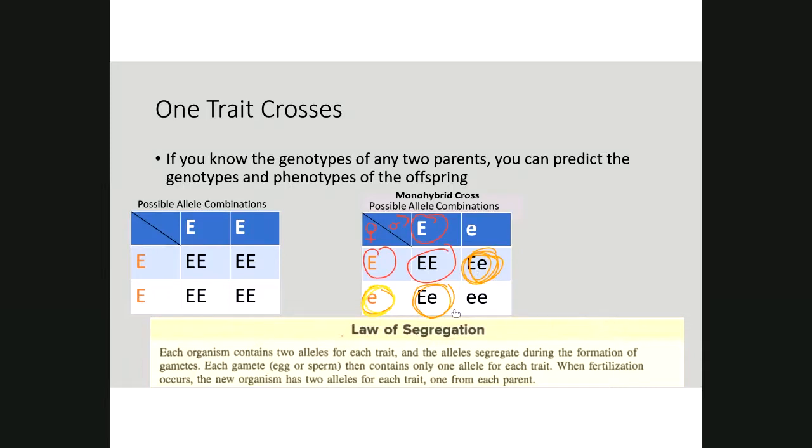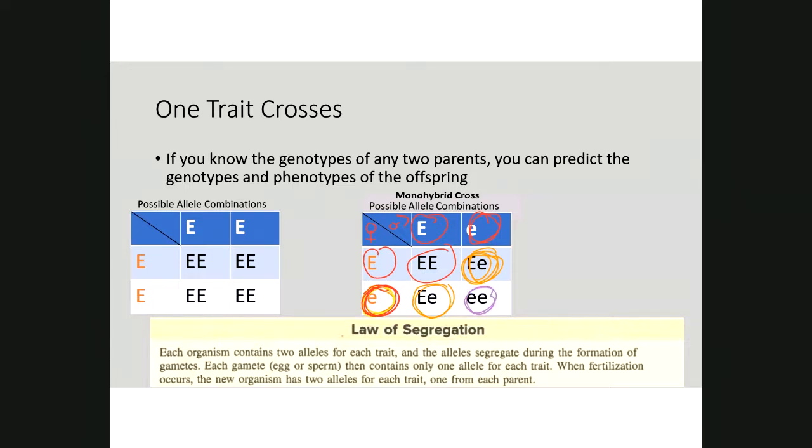Anyway, always write the dominant allele first, regardless of which order they came in. And in the case of this sperm here fertilizing this egg, then you get this combination.